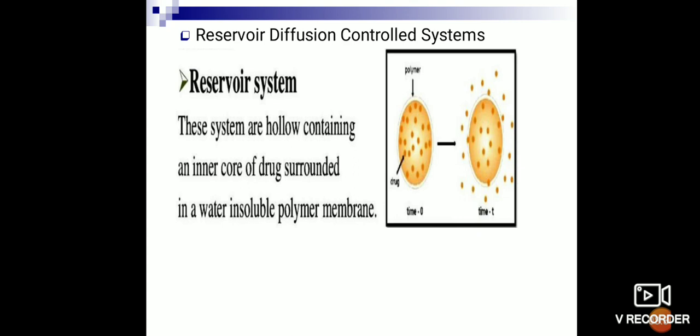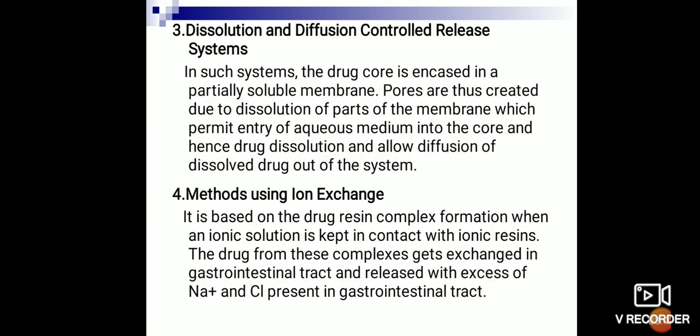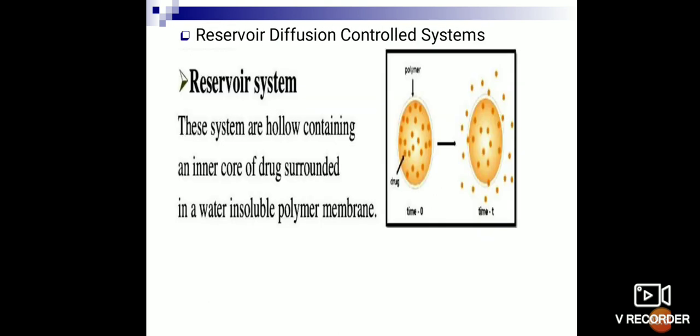The system is hollow, containing an inner core of the drug surrounded by a water-insoluble polymer membrane. So this example is a matrix device and a reservoir device, right?